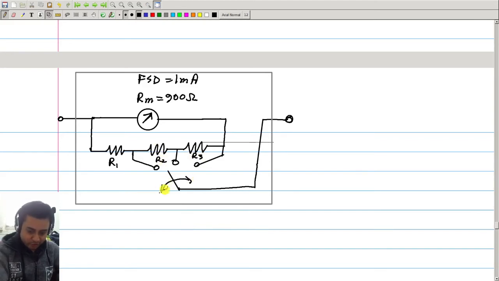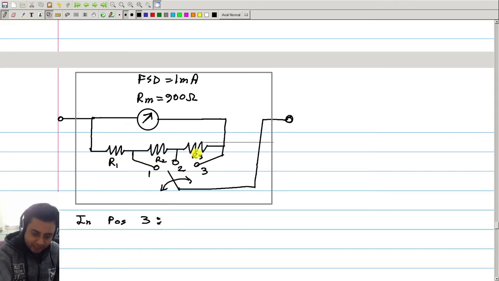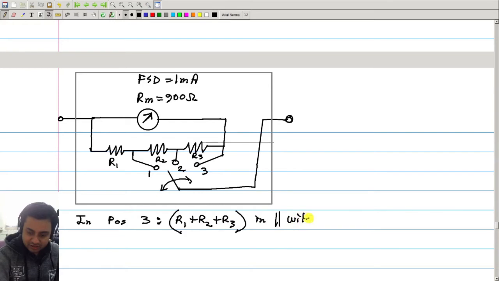This switch is movable. Now you notice, let me call this position 1, position 2 and position 3. In position 3, we have R1, R2 and R3 together in parallel with Rm.